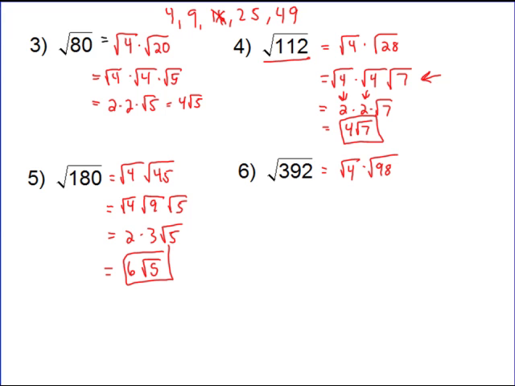We look at 98. 4 does not go into 98. 9 does not go into 98. 25 does not go into 98. However, 49 does. And I'm left with square root of 2, because 49 times 2 is 98. So square root of 4 is 2. Square root of 49 is 7. You got square root of 2 left over, so your answer is 14 square root of 2.